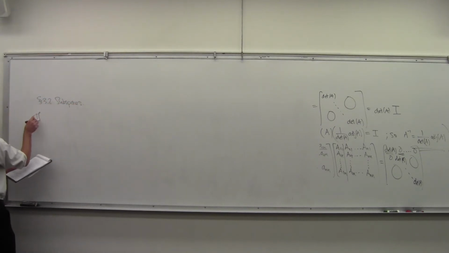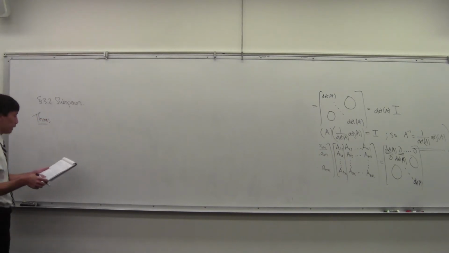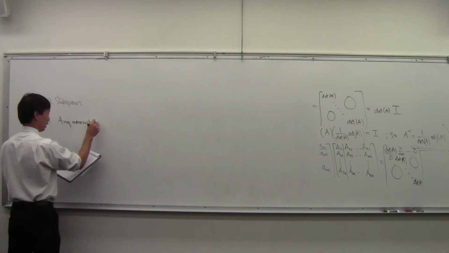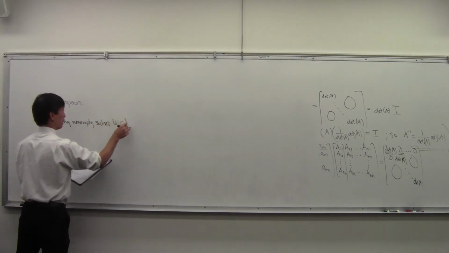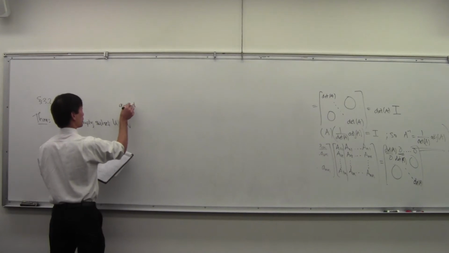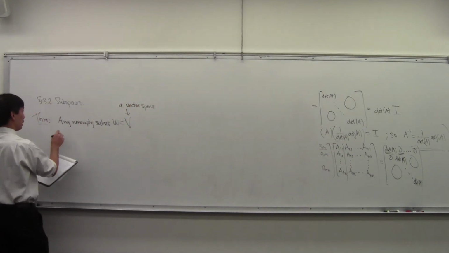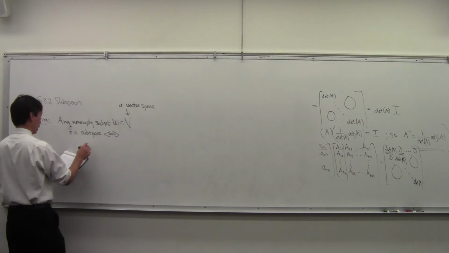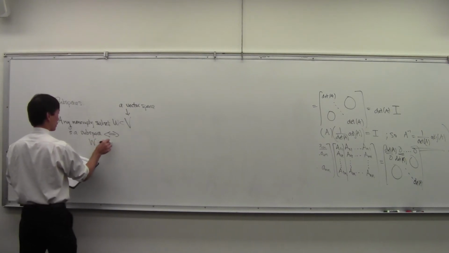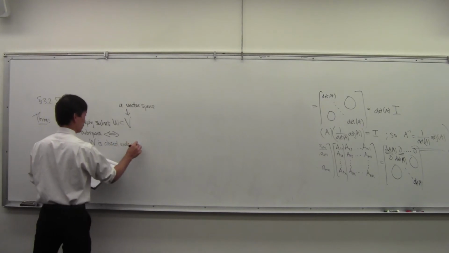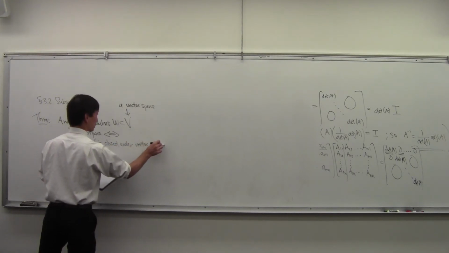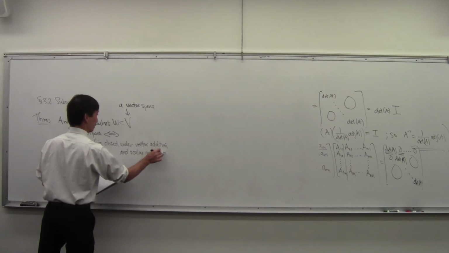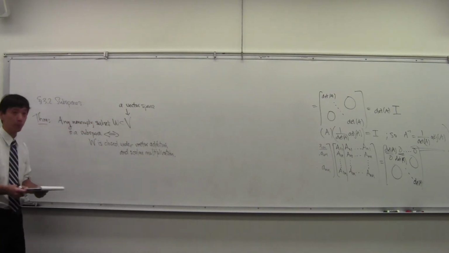Probably the main thing that you want to get from that part is the theorem that any non-empty subset of a vector space is a subspace if and only if it is closed under vector addition and scalar multiplication, the two operations of the vector space.